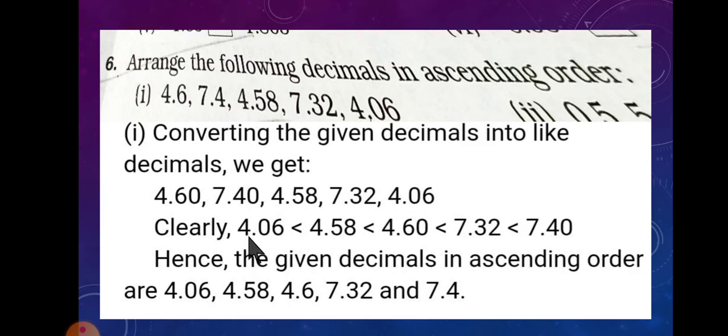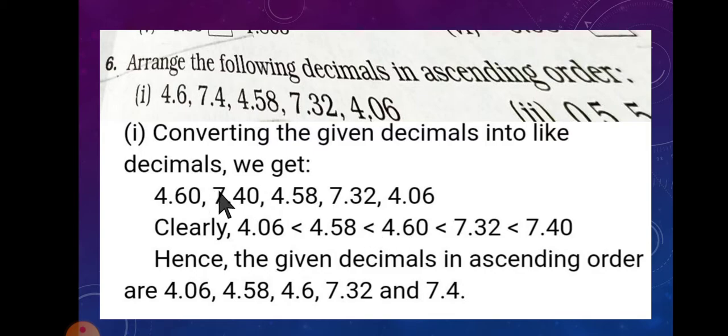So first we will write the smallest number, 4.06. Then compare 6 and 5 in the tens place after the decimal. 5 is smaller than 6, so in second place we will write 4.58 and in third place we will write 4.60.